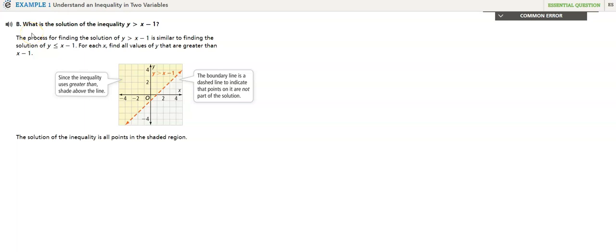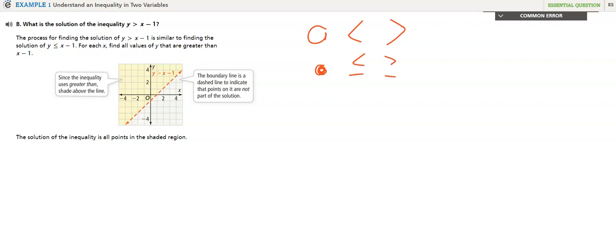Okay, so now we have another one. y is greater than x minus 1. Because we have a greater than symbol and not greater than or equal to, we're going to use a dotted line. It's very similar to when we had inequalities and we would use an open circle for all greater than and less than symbols, and a closed dot for all less than or equal to and greater than or equal to symbols.